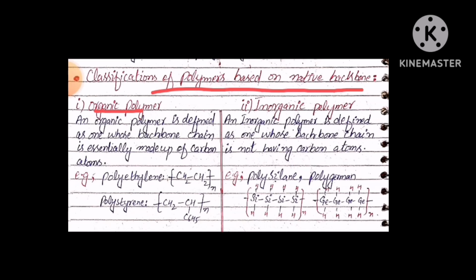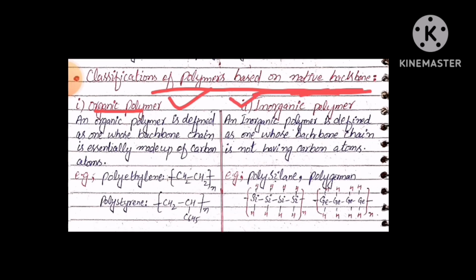Students, the native backbone classification is also called chemical properties of polymers.